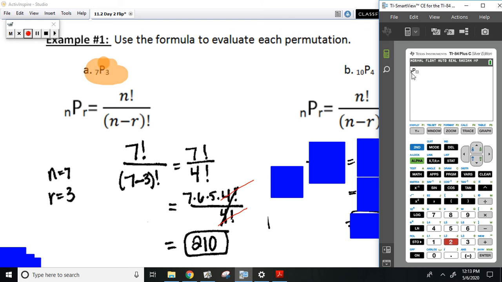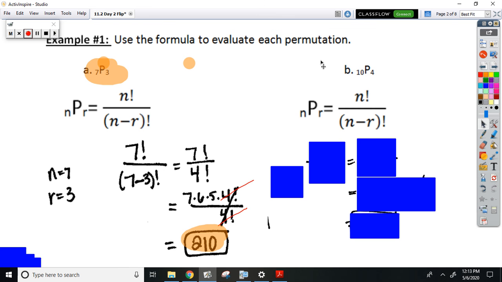As soon as you do that, the 7 should go as a little subscript. If you have an older calculator, it won't, but that's okay. Then type in the R value, 3. And we should get 210. So on your mini quiz, it may say use the formula. I won't know if you're using the formula or your calculator, but I like to show both.